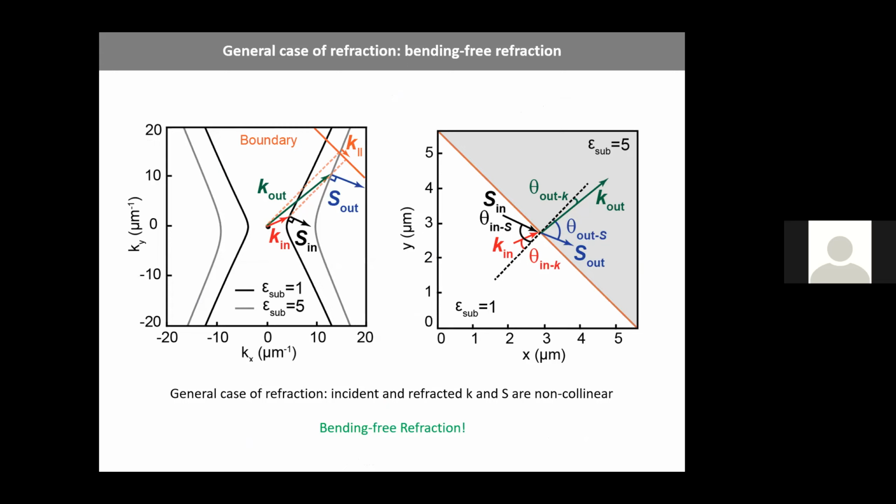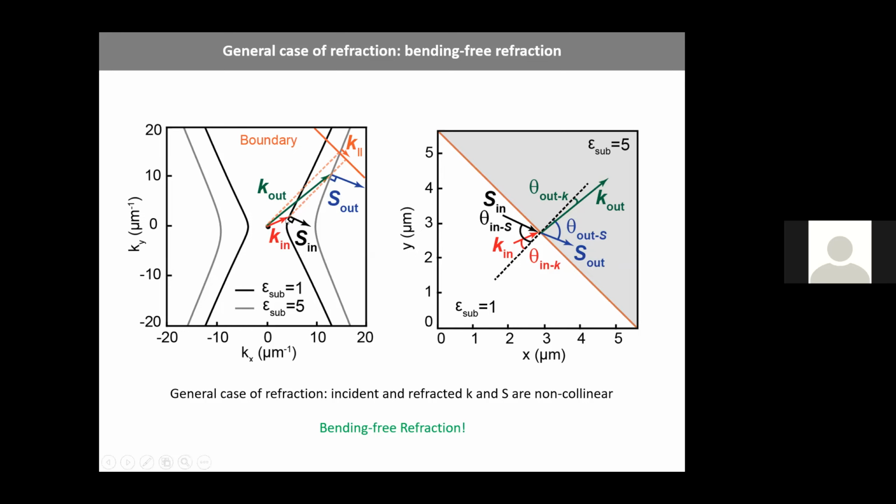So I explained now one case, which is when K and S are parallel, but the general case of refraction will not happen for this particular case. It happens when both K and S, momentum and Poynting vector, are non-collinear for the incident wave, but also for the refracted wave. That is the most general case of refraction. And this is what I show you here.